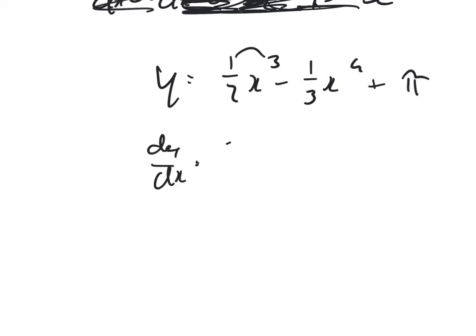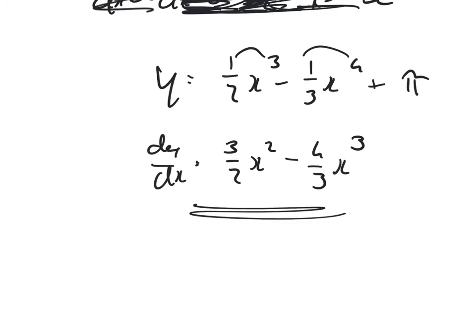Okay, so that will be 3/2 x squared minus 4/3 x cubed, and pi is a constant, so when it differentiates it becomes 0.